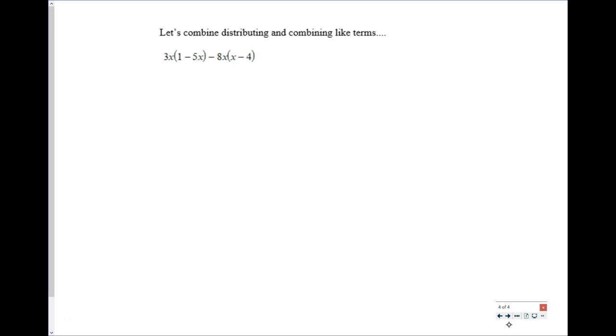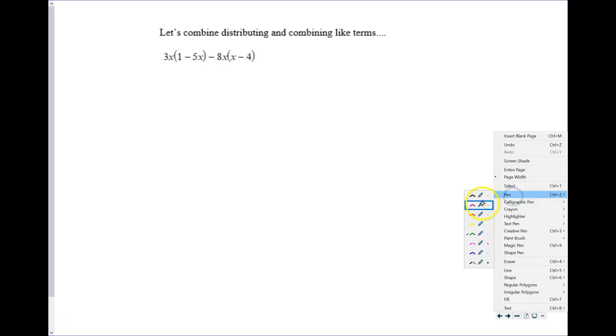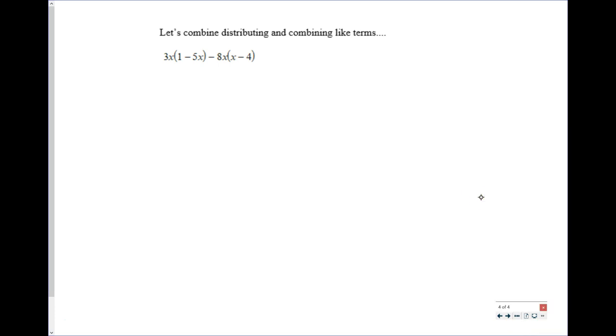Okay. The last thing I want to talk about is combining multiplying monomials with also having to combine like terms. So sometimes you have to distribute and multiply twice. So in this example, I see 2 parentheses, so I'm going to have to distribute those before I do anything else. So I've got 3x minus 15x squared, and then negative 8x squared plus 32x. And we've done this before early when we were solving equations.